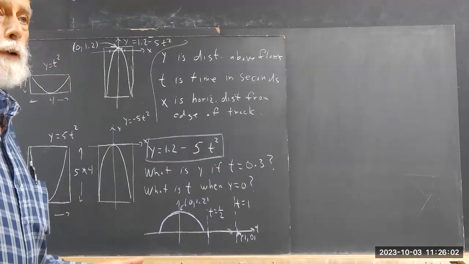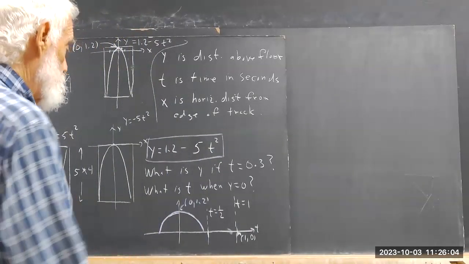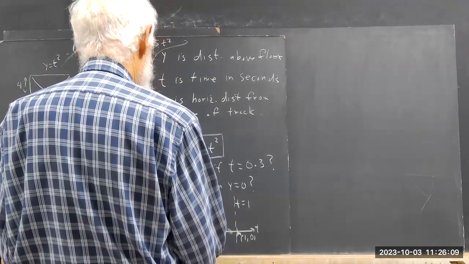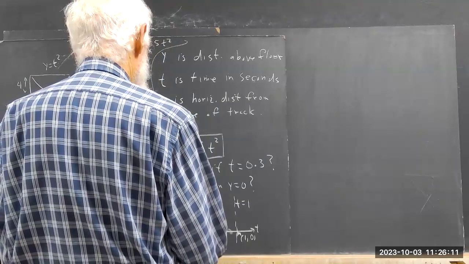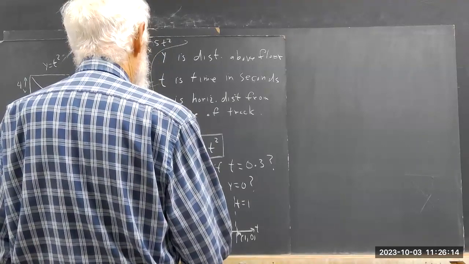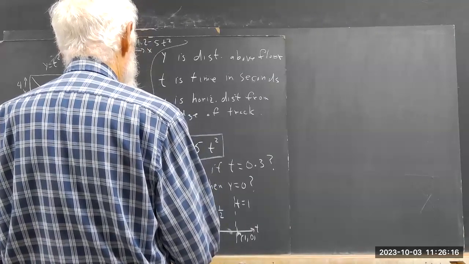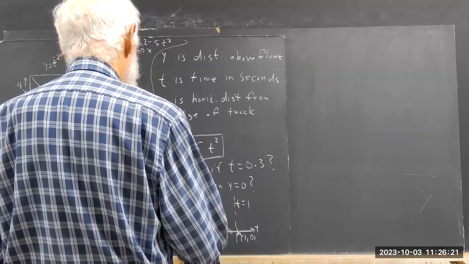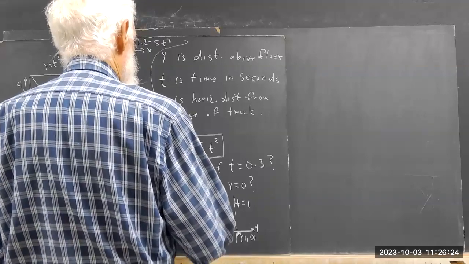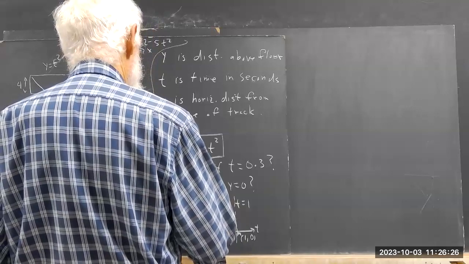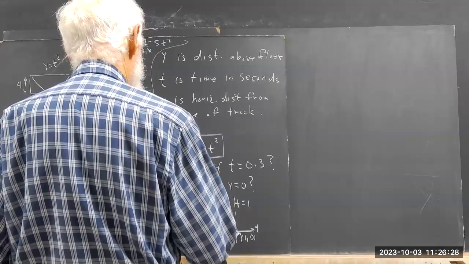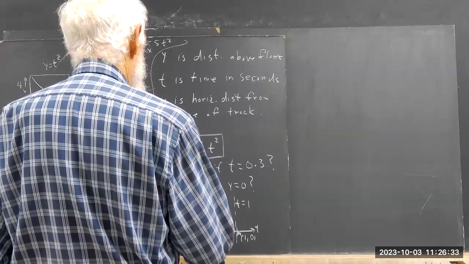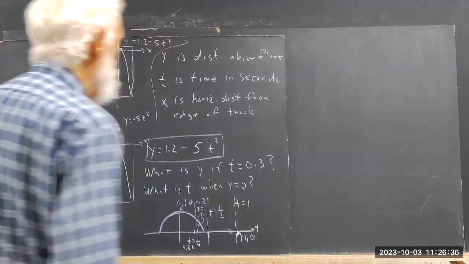So where is t equals 0.3? Well, t equals 1/4 here. And of course, that's 0.25. So t equals 0.3, maybe about here. Now it's getting crowded. But here's the line for t equals 0.3.